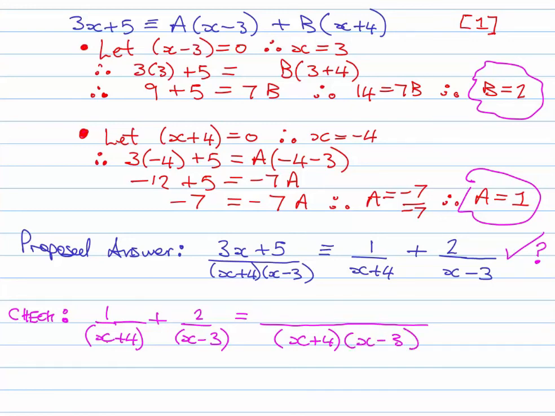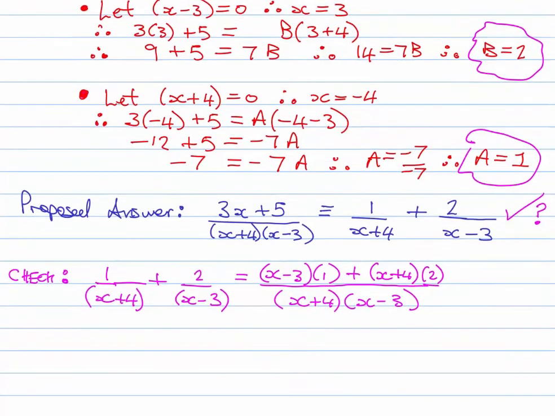Then you say this denominator goes into the common denominator, x minus 3 times. x minus 3 times 1, x minus 3 times 1. This denominator goes into the common denominator, x plus 4 times, and then we have x plus 4 times the original 2 that was sitting there.